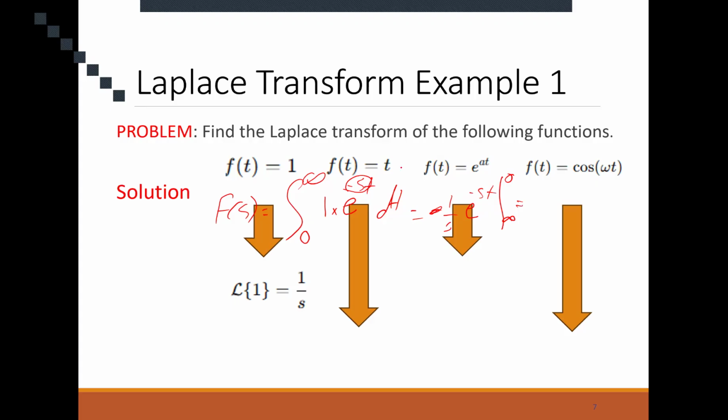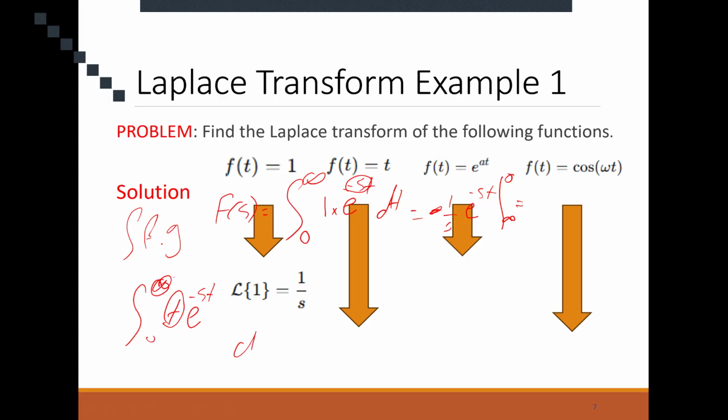Now, what if we have a t? Again, we replace this one. When we have t as our function, you can make the integral from 0 to infinity of t times e to the power of minus st. Now, do you remember the integral of f times g? How we did that?